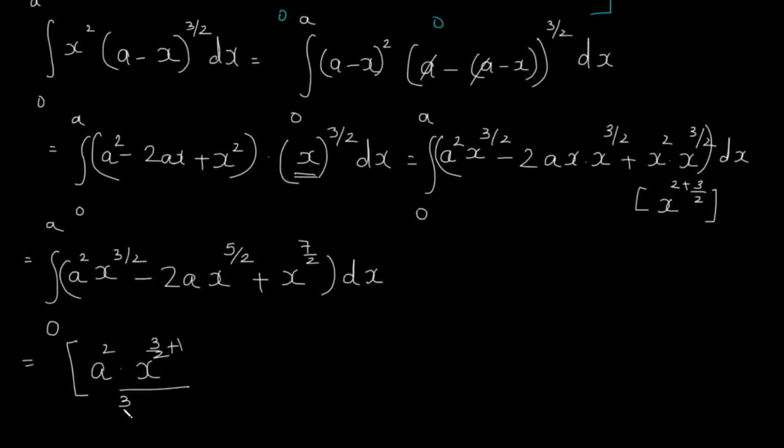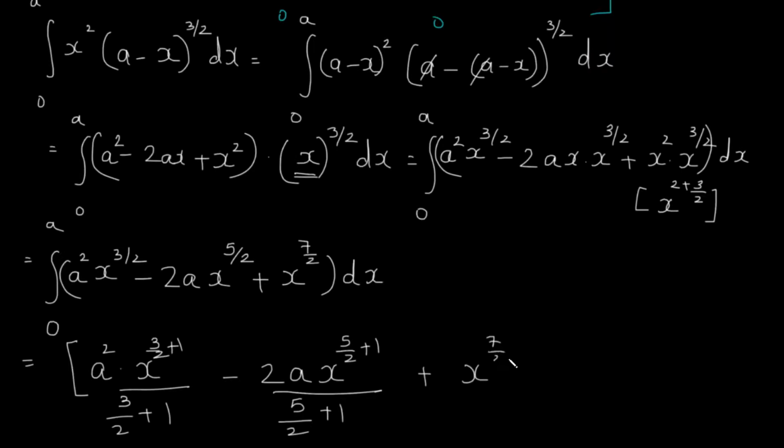Thus, we get a squared into x raised to 3 by 2 plus 1 upon 3 by 2 plus 1, minus 2a x raised to 5 by 2 plus 1 upon 5 by 2 plus 1, plus x raised to 7 by 2 plus 1 upon 7 by 2 plus 1.